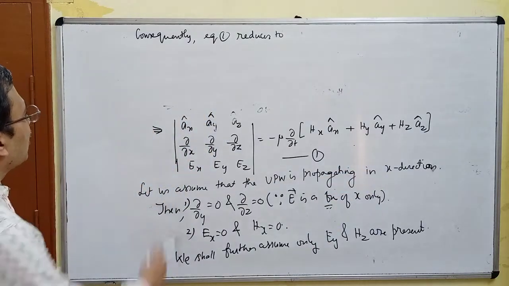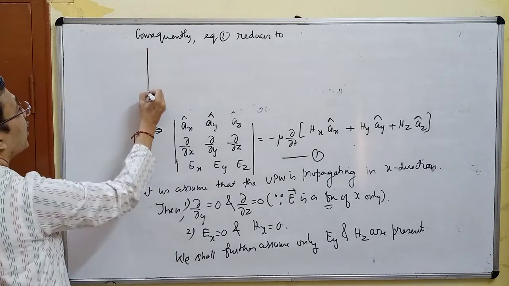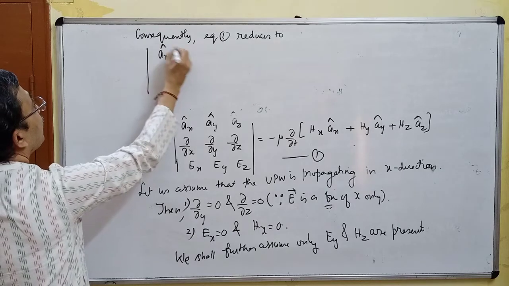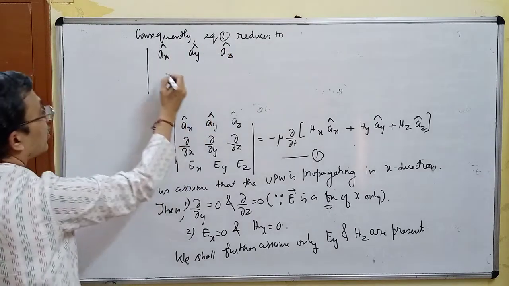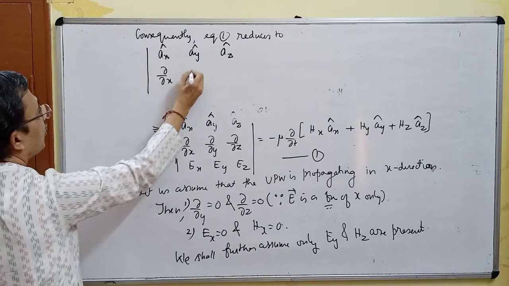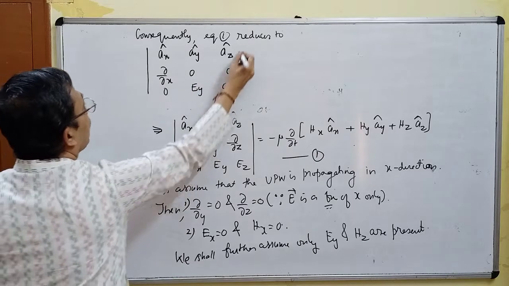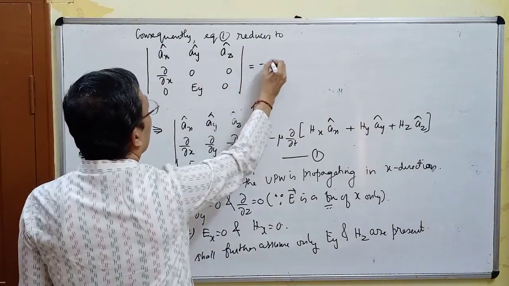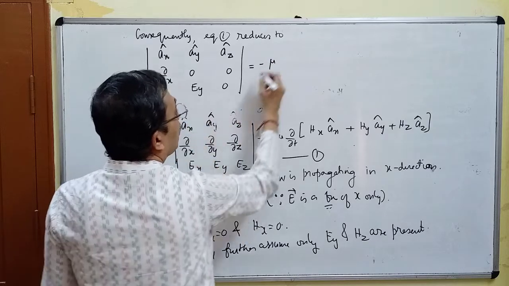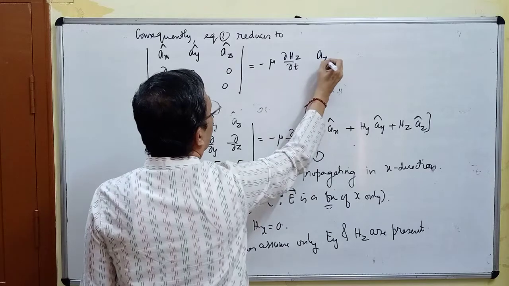Consequently, equation 1 reduces to determinant Ax cap, Ay cap, Az cap, dou by dou x 0, 0, 0, Ey 0 is equal to minus mu dou Hz by dou t into Az cap.